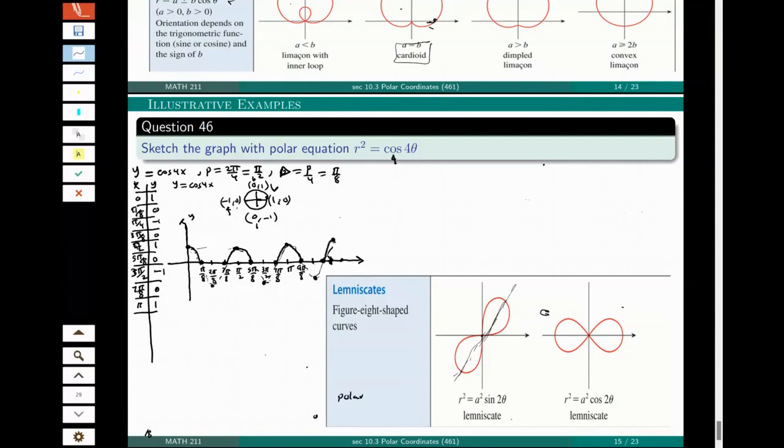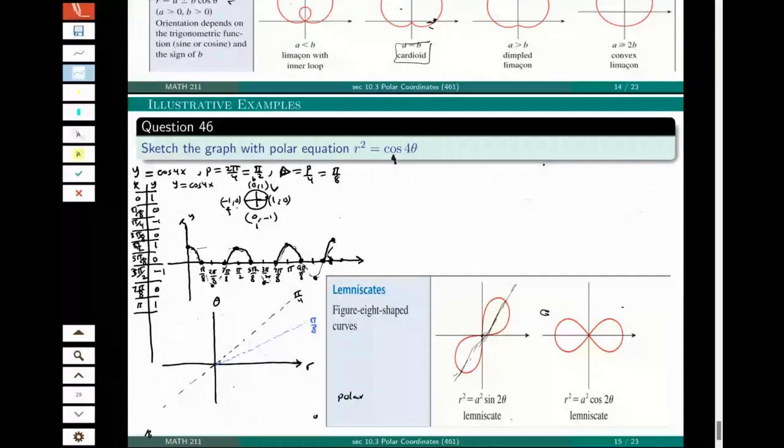Now, when I want to go to r and theta, from here we will say this is r and pi over 8, and that will be another pi over 8.